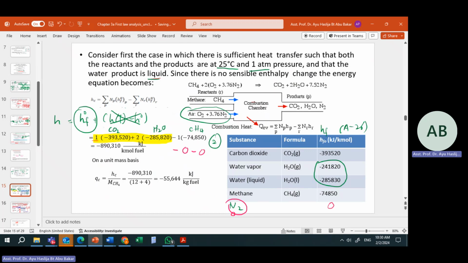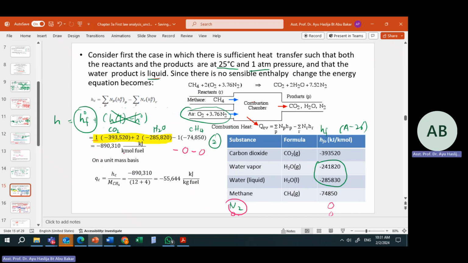And here I put O2, HF is 0. So that's why there is no air considered in the reactant. Then from there, you calculate the heat of combustion produced, and we get this figure, negative 890.